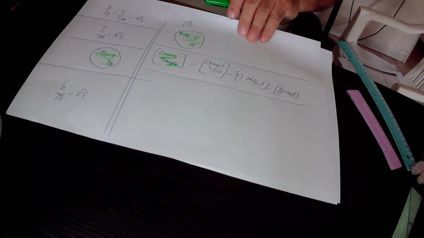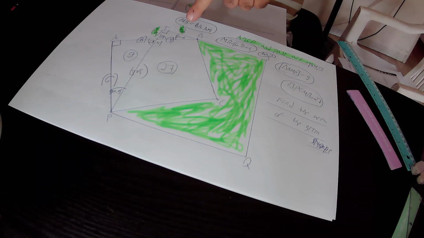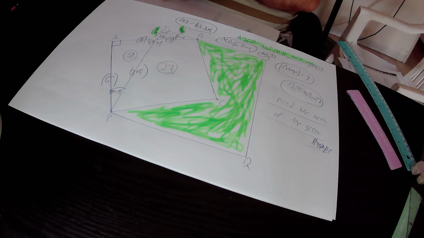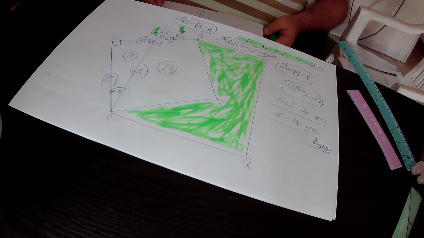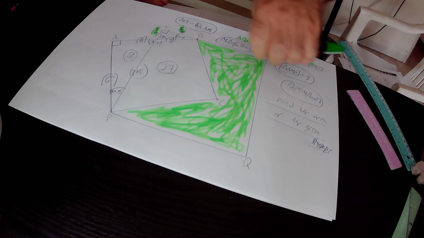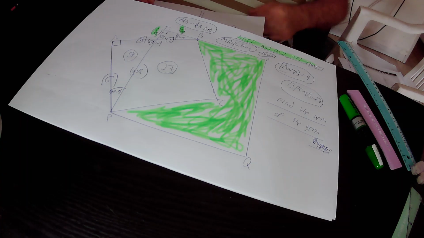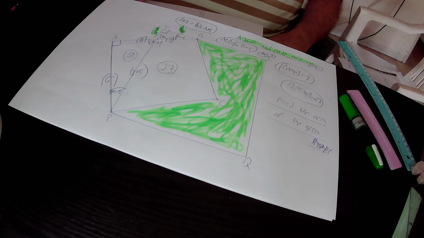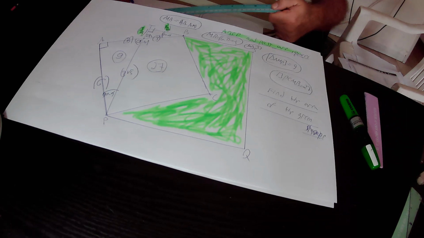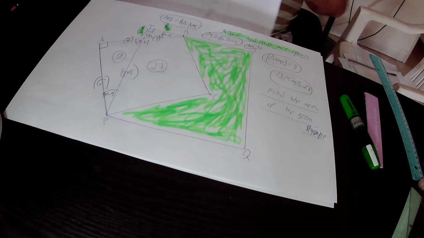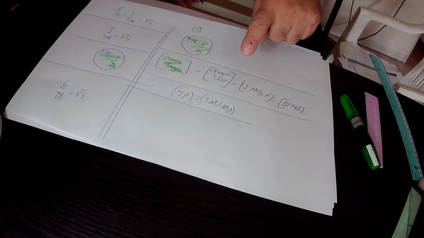First of all, we have to find out the length of side TP of the big square TSQP. So what is the length of TP? From here it is very easy to see that TP equals TM plus MP.